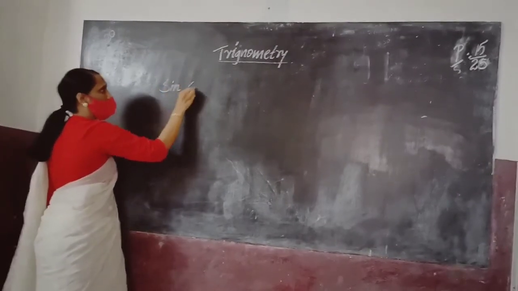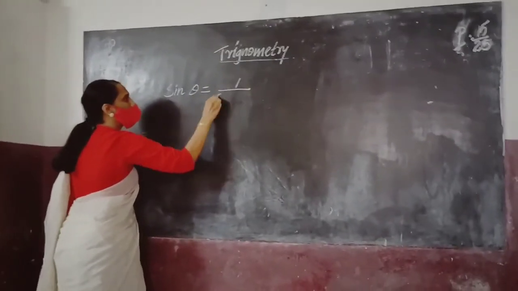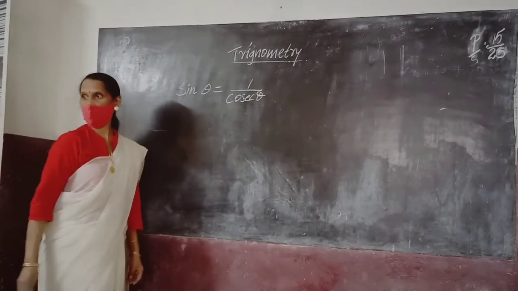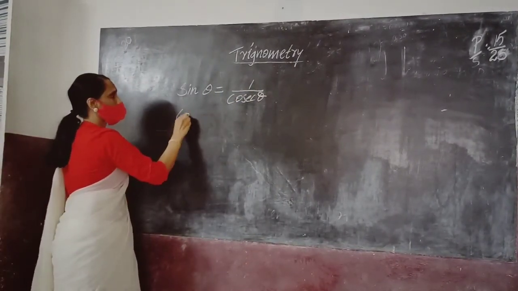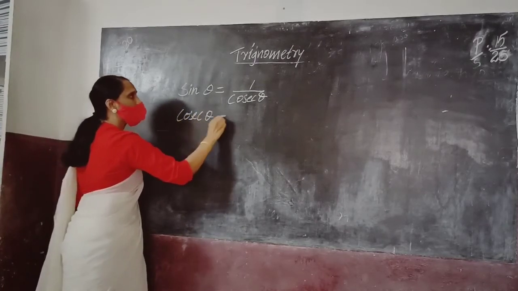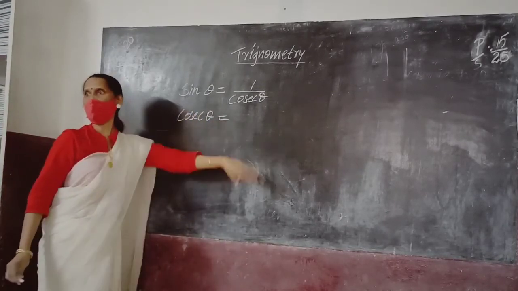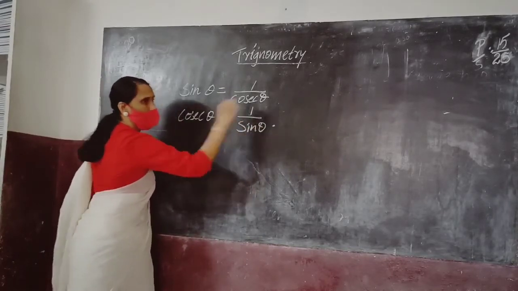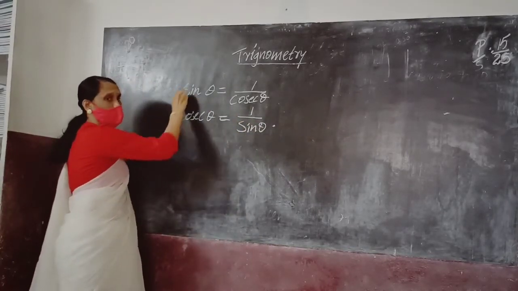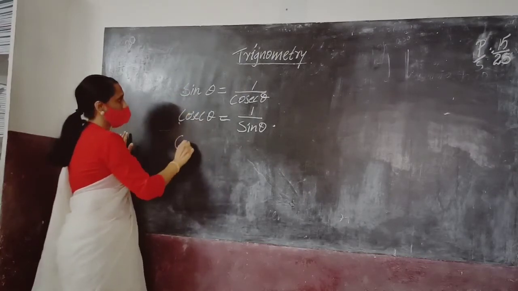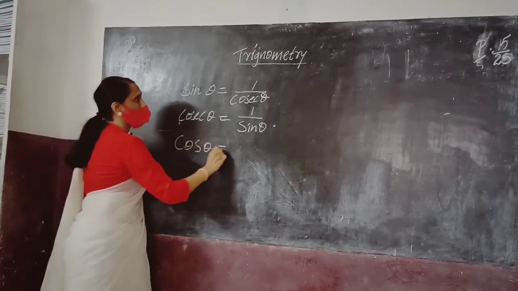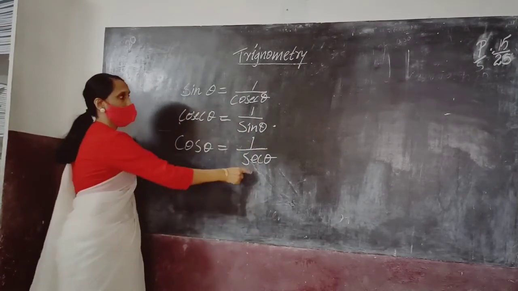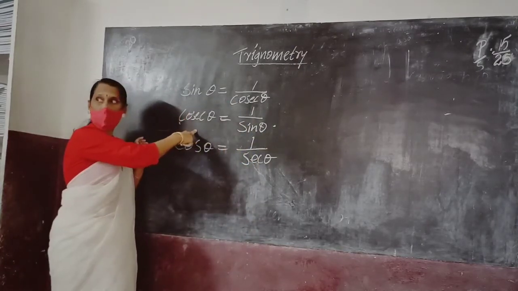Sine theta is equal to 1 by cosec theta. Same way, cosec theta is equal to 1 by sine theta. These two are reciprocal to each other. In the same way, cos theta is equal to 1 by sec theta. Sec means secant, cosec means cosecant.